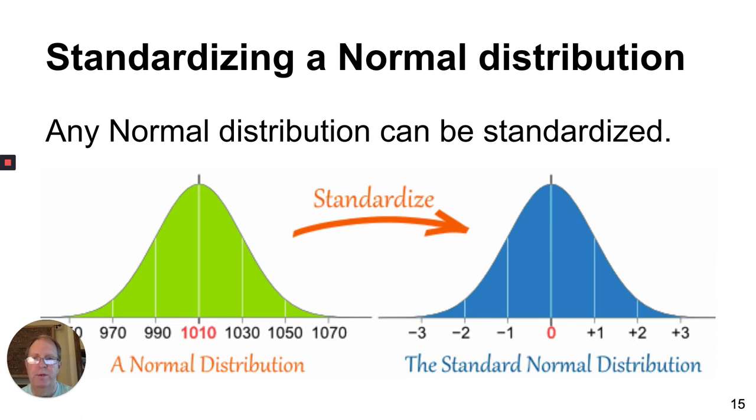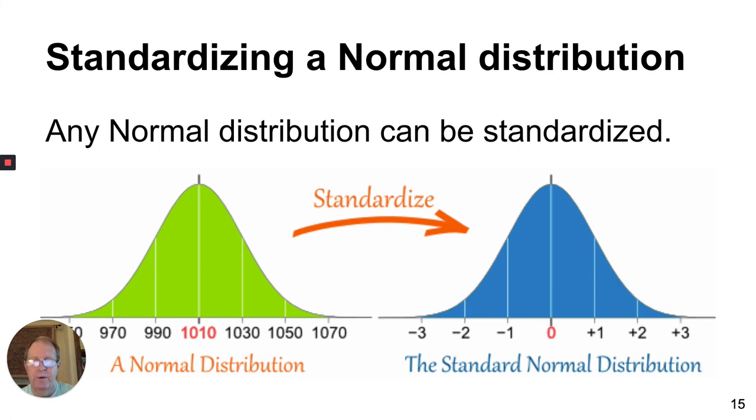Any normal distribution can be standardized. So here I have a normal distribution with a mean of 110 and a standard deviation of 20. I standardize that and I end up with a normal distribution that is the standard normal distribution. It has a mean of 0 and a standard deviation of 1.